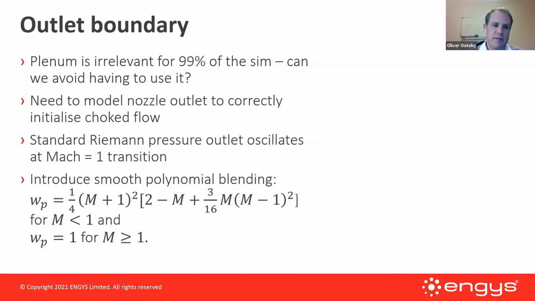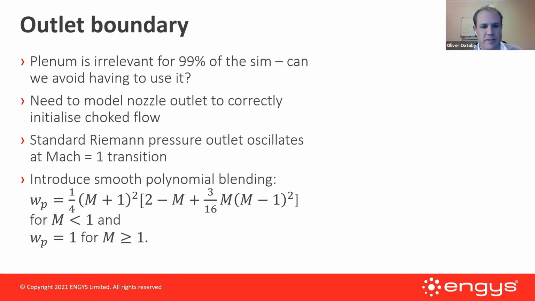And the standard one that one would use for this, the Riemann pressure outlet or characteristic-based pressure outlet boundary condition, has a problem of oscillation at this transition to Mach 1. Basically, the pressure is switching abruptly from a fixed value to a zero gradient, and this just leads to oscillations.